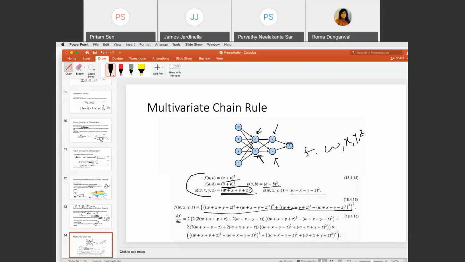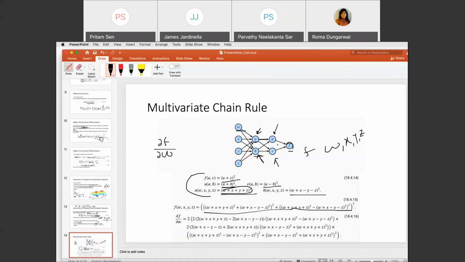And if we make a change in w and want to calculate the impact on f, we can calculate it like this: the partial derivative of function f with respect to w. If we calculate the derivative, the equation will be very, very large. This process is very complex for a computer to calculate, and for complex relations it is not feasible.